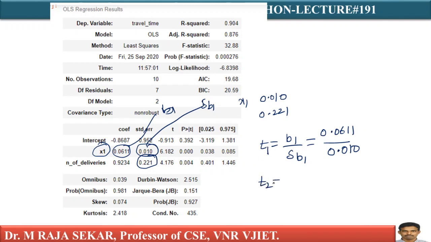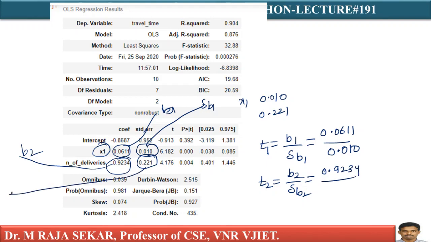How can I calculate t2? b2 by sb2. What is my b2? b2 means the coefficient. This is my b2, that is 0.9234, divided by sb2. What is sb2? This is my sb2, that is 0.221.